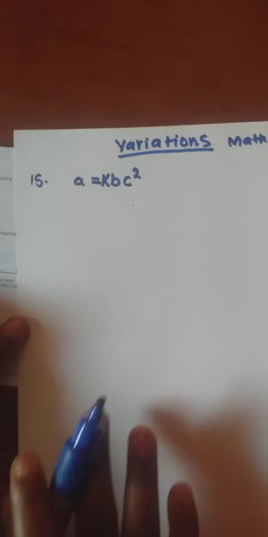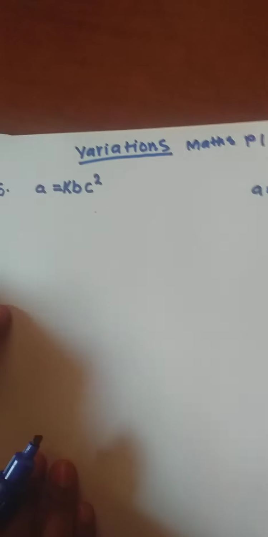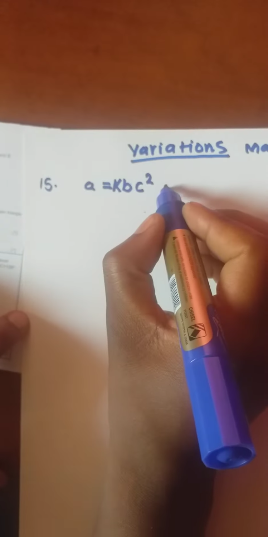Let's continue. We have been given that A is equal to 30, B is equal to 2.5, and C is equal to 2. Remember, do not use a calculator when solving this question because this is paper 1.